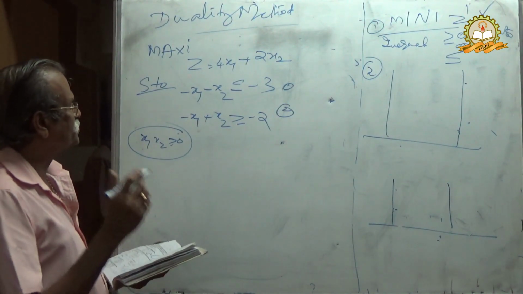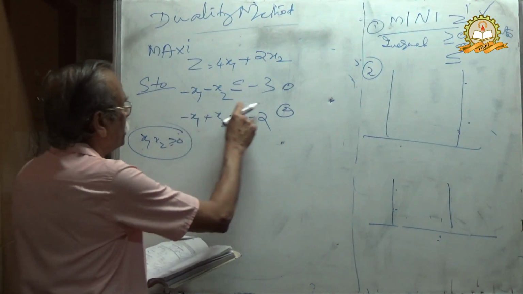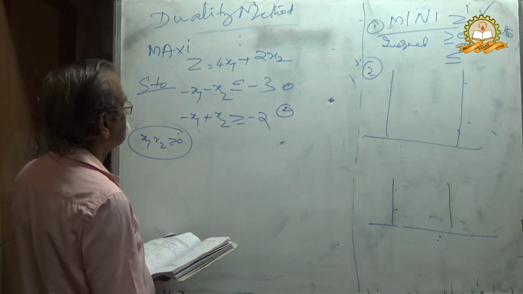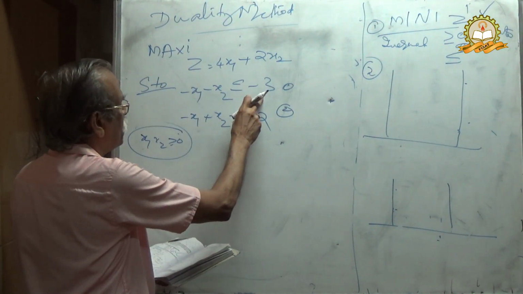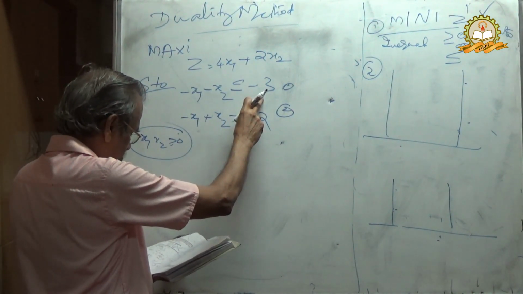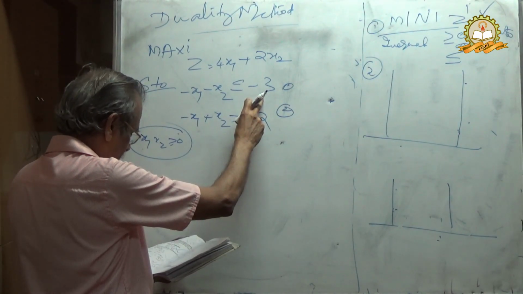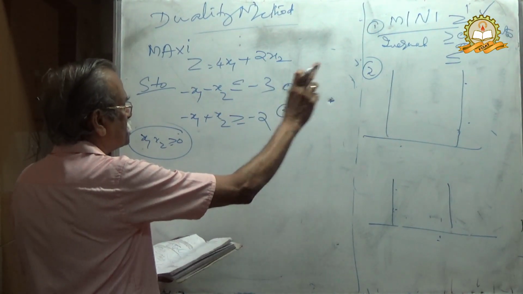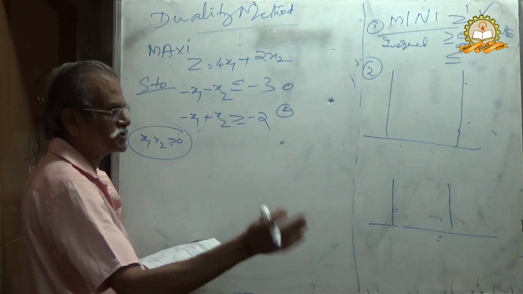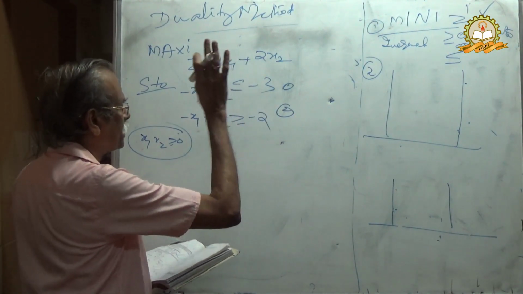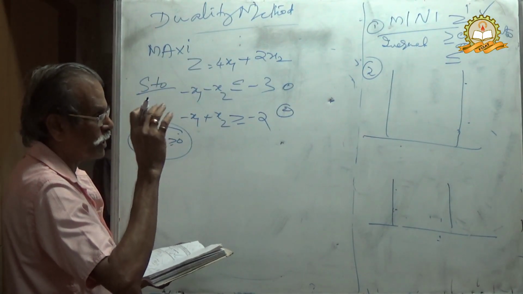Here, then we consider inequality 1, maximization, inequality less than, condition satisfied. Maximum means less than, okay, whatever be the coefficients.